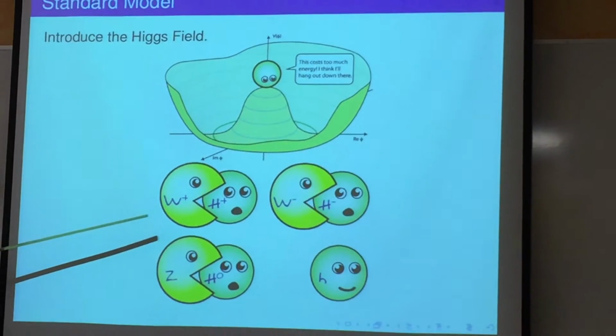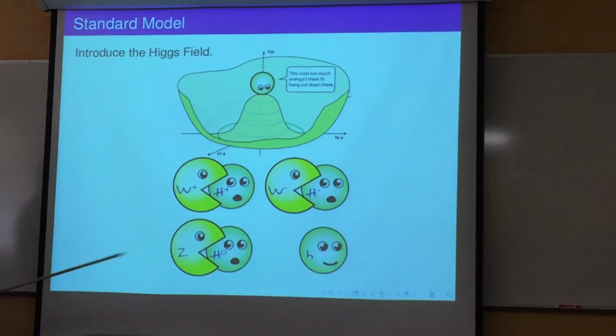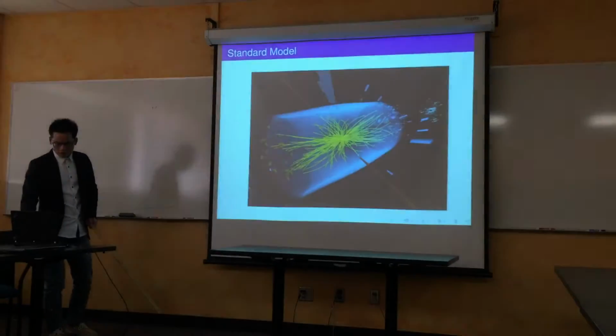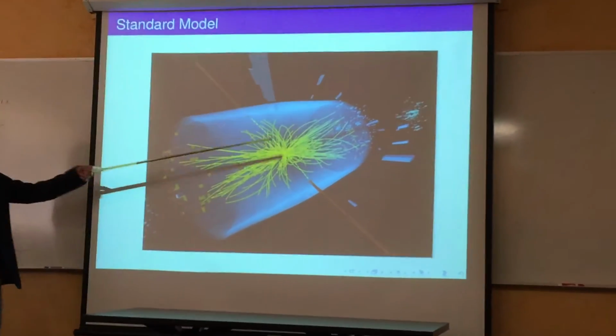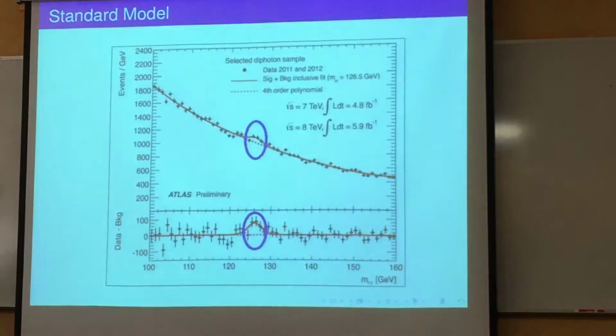And then the LHC spent decades looking for the Higgs boson, and finally, in 2012, they found it. This is just a picture to show the signal from the LHC.